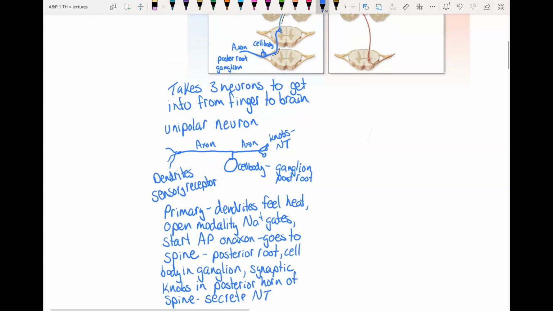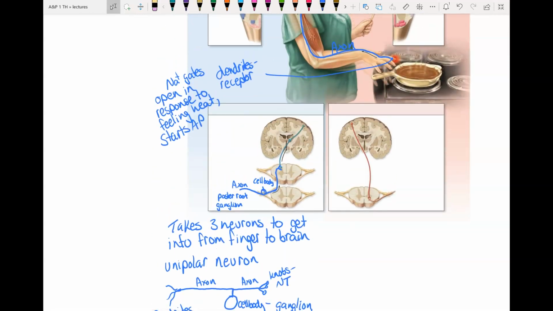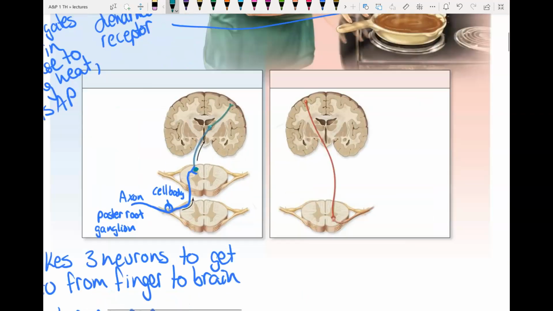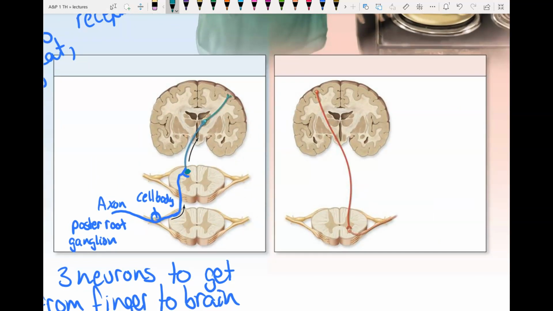So now we're ready for our next neuron, the secondary neuron. So the secondary neuron starts right here. It's receiving that neurotransmitter, and it goes up, and we cross over. Remember, the right and left cross over, so the right side of the brain is connected to the left side of the body and vice versa.